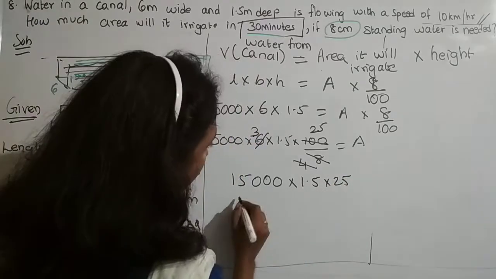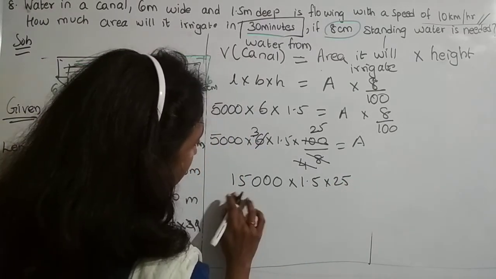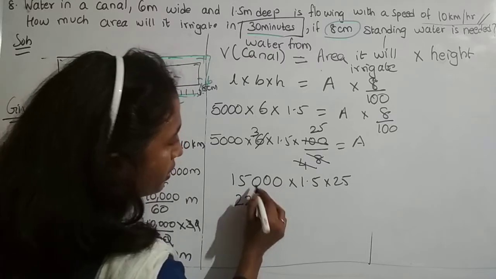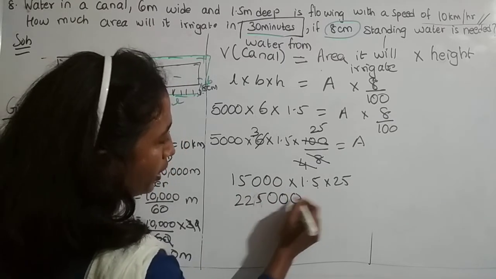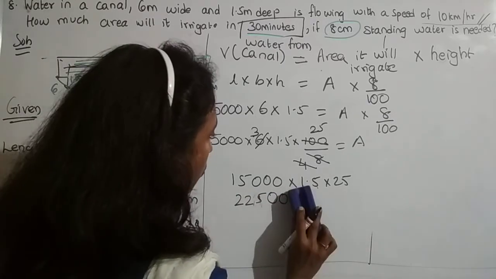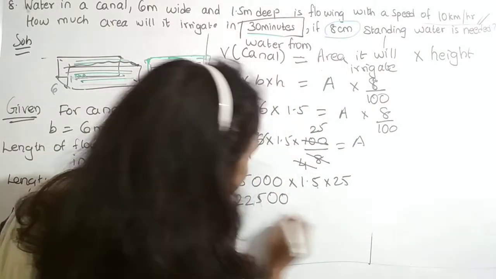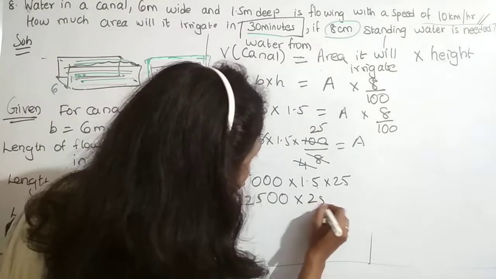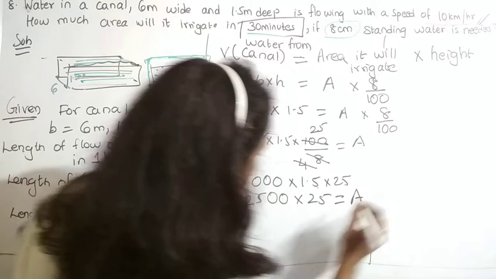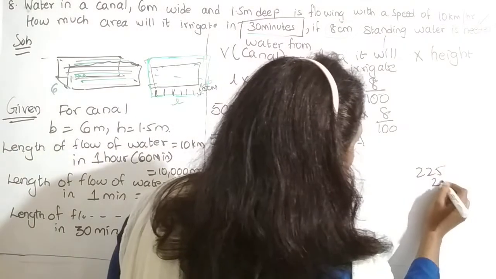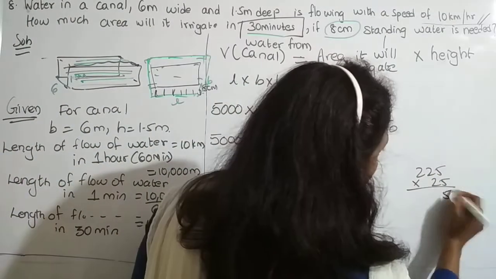So the point will go, and 15 into 15 will be 225. How many zeros? 3 zeros. The point is after one number. So we get 22,500 into 25 equals A. Correct? So now let's multiply 225 into 25. So we get 5 fives are 25.